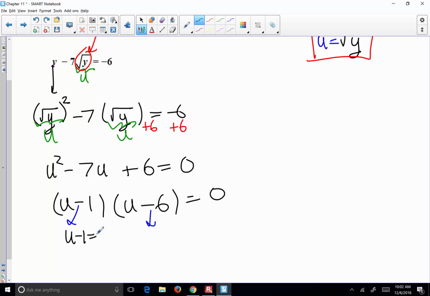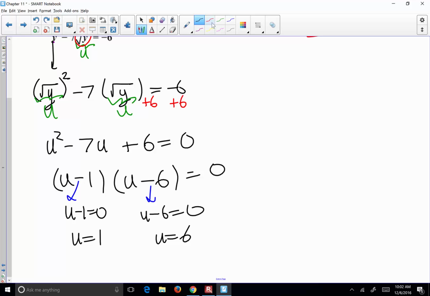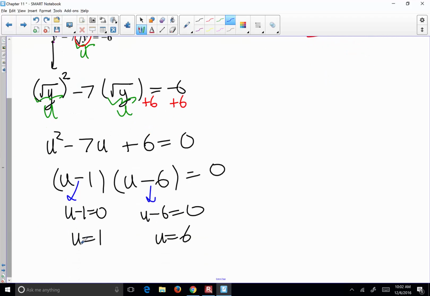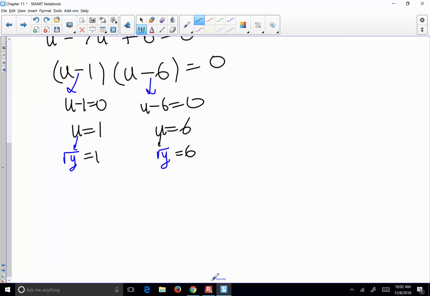So you set each into 0 and get two solutions. Okay. Once you set them into what they used to be, root y, we will be all done. u is root y, but we need to get to y itself, not root y.